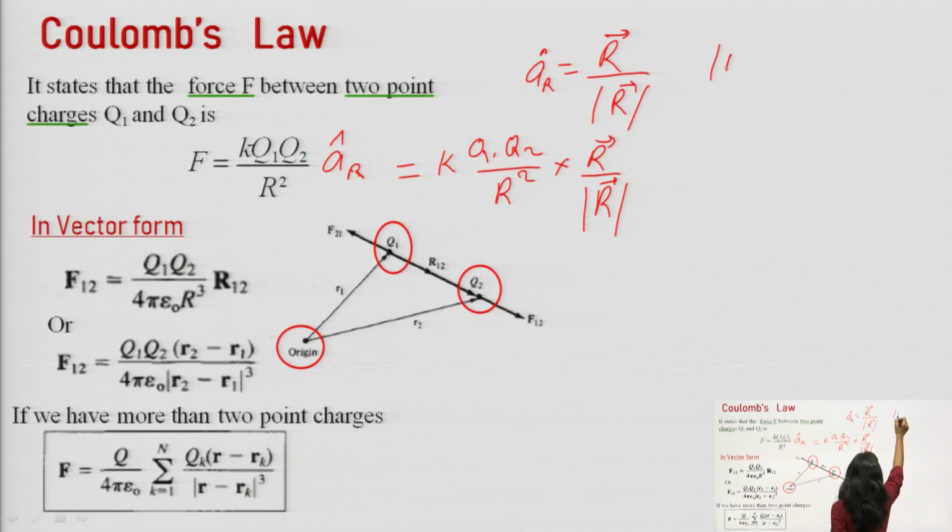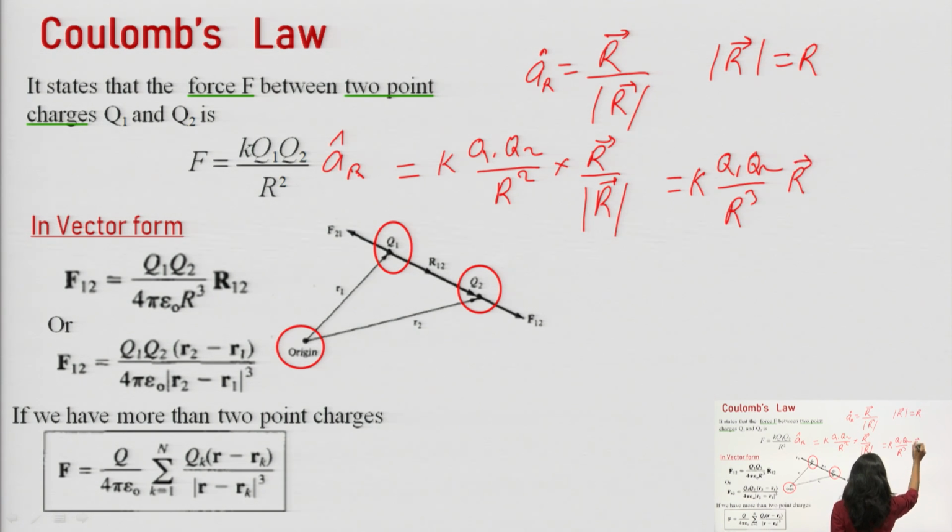This magnitude can be written as simple R, which is the magnitude of vector R. So finally we can write it as K Q1 Q2 by R cube, times vector R.